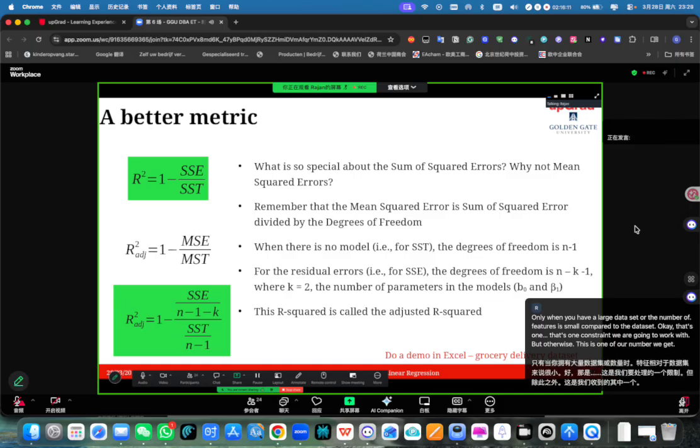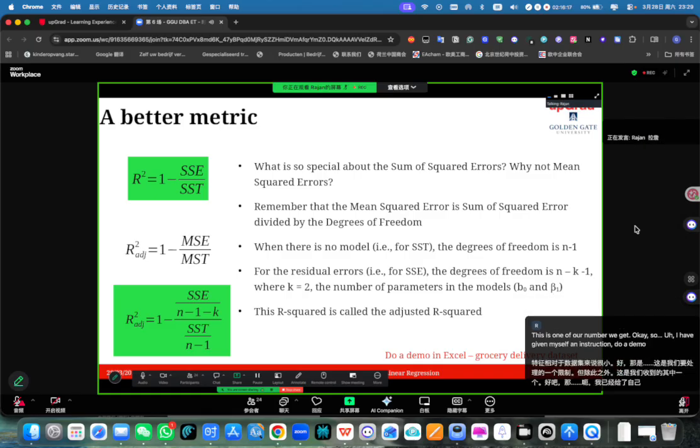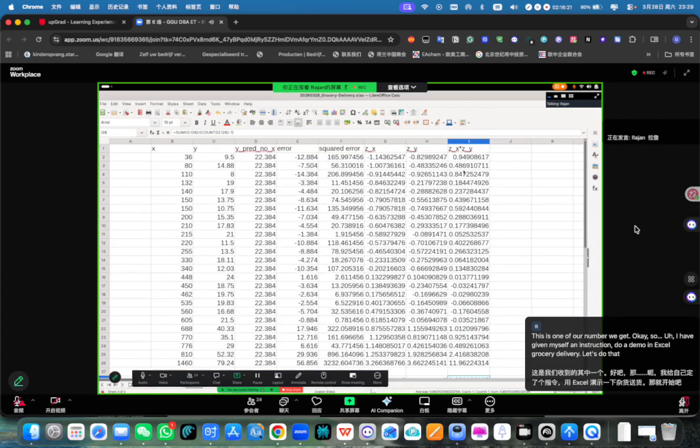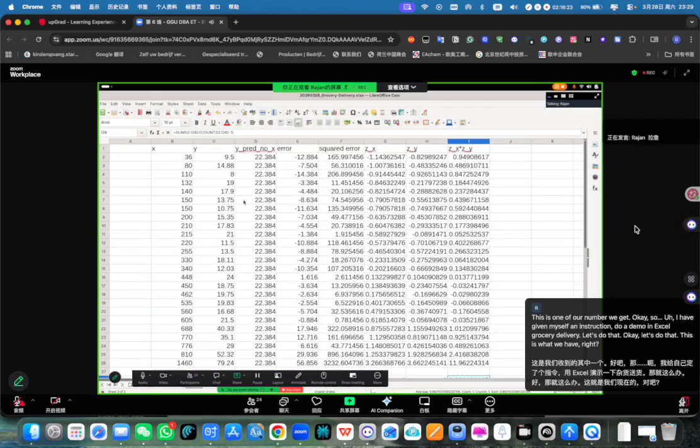Okay, so I have given myself an instruction: do a demo in Excel, grocery delivery. Let's do that. This is what we have, right? We have X, Y, all these things.